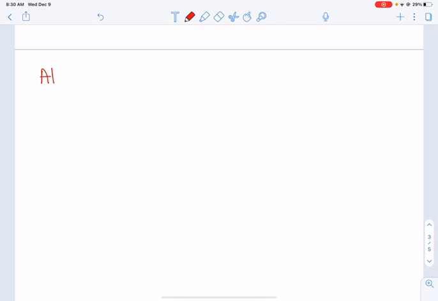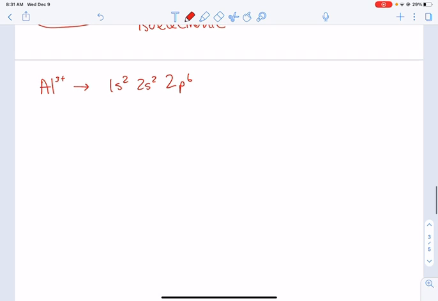So we have aluminum 3 plus is 1s2, 2s2, 2p6. Yep. The standard electron configuration for aluminum is 3s2, 3p1.